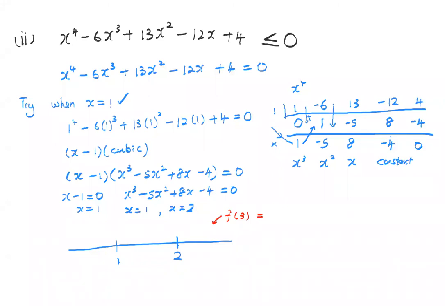This one I have to count. 3 to the power of 4, take away 6 times 3 to the power of 3, plus 13 times 3 to the power of 2, take away 12 times 3, and plus 4. I got the answer as 4. So this is positive.